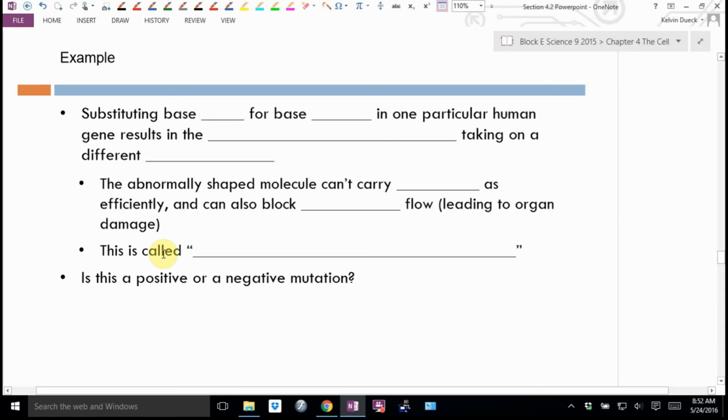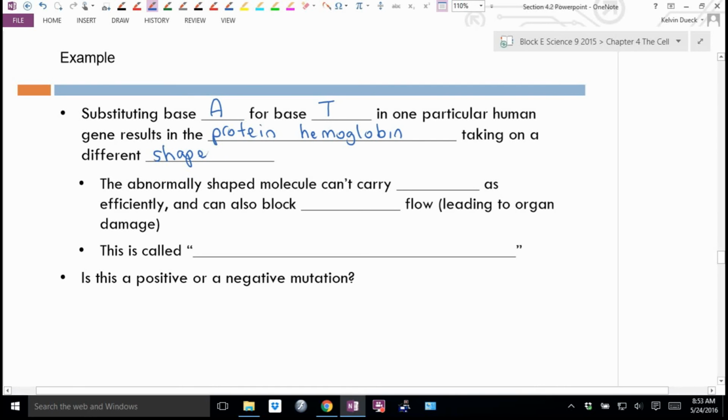Here's one that's a little more common as well. Substituting base A for base T in one particular human gene results in the protein hemoglobin taking on a different shape.